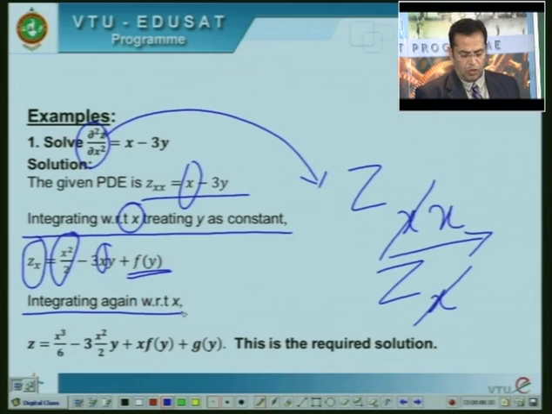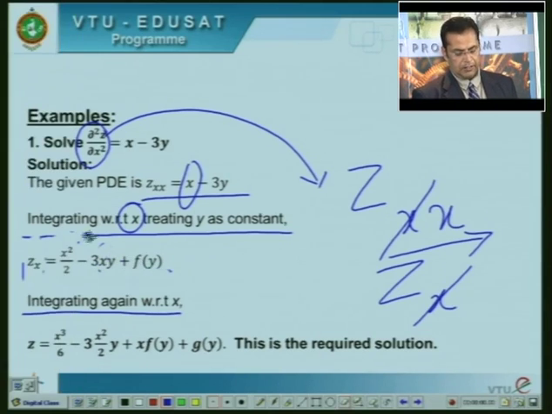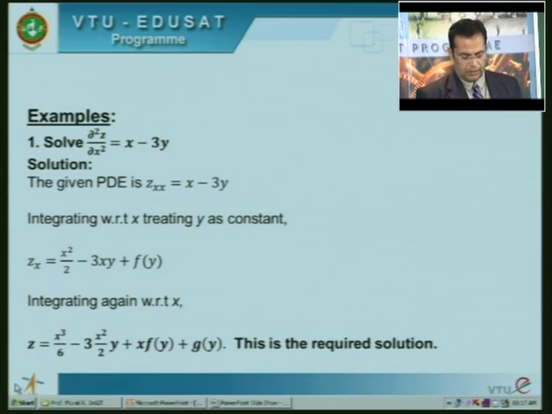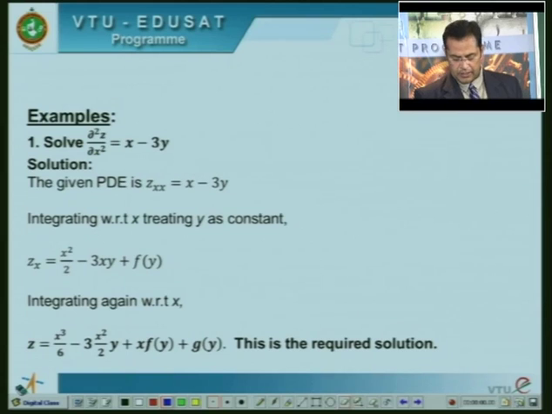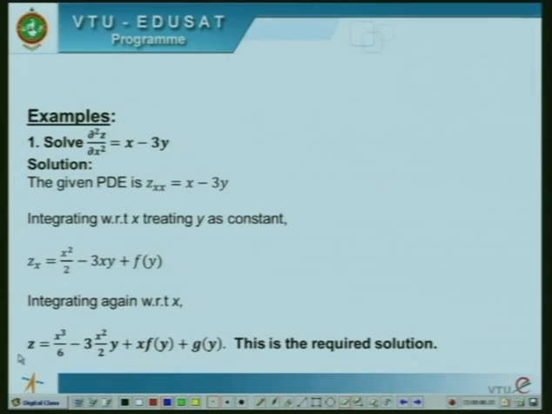So, go to the zx above, and integrate this expression with respect to x. So, what is zx with respect to x? First, zx on integration should give you the value z.